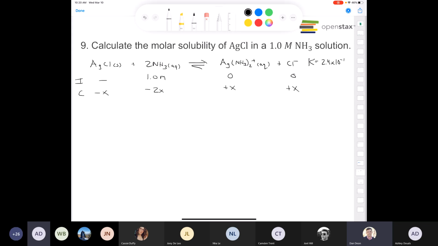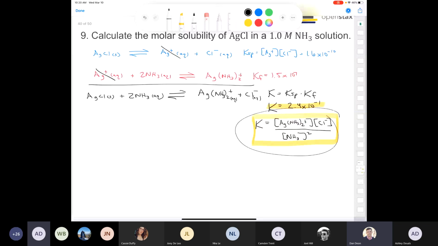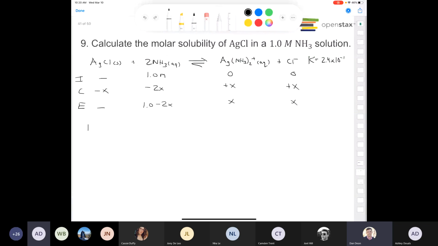So that means that at equilibrium, again, I don't worry about the concentration of silver chloride. I have 1.0 subtract 2X. I have X, and I have X here. Now, if I use my same equilibrium expression that I used on the last slide, I'm going to have that my K, which is equal to 2.4 times 10 to the minus 1, is going to be equal to X squared divided by 1.0 subtract 2X and all of that squared.